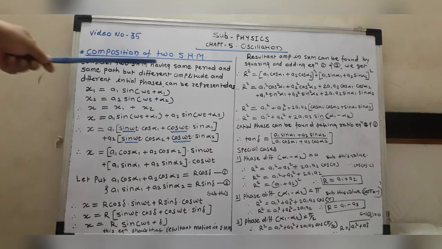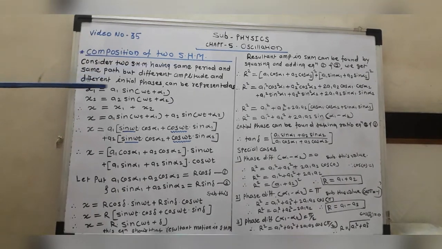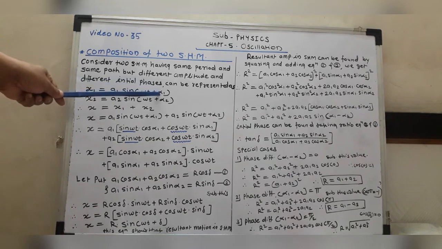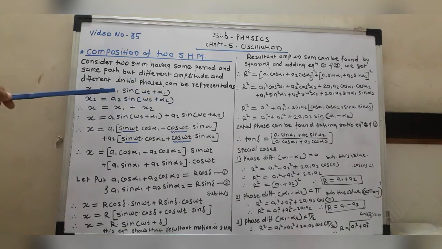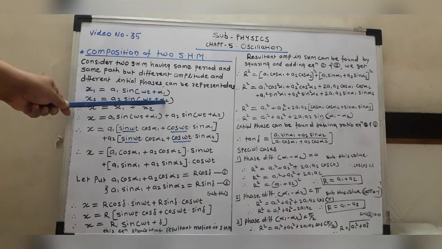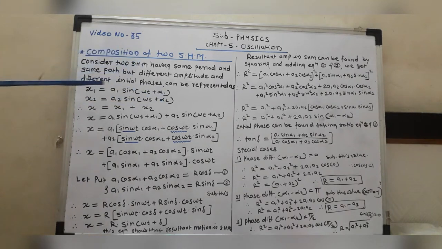See here, same period and same path along the x-axis. Then different amplitudes, a1 and a2, and initial phases, alpha 1 and alpha 2. That means amplitude and initial phases are different but the path and period are the same in these two displacements. You have to understand this well.